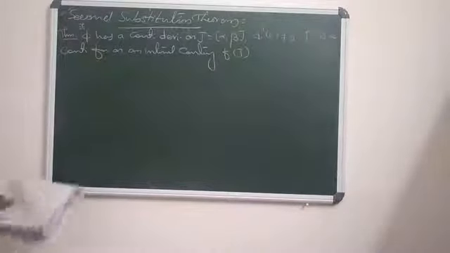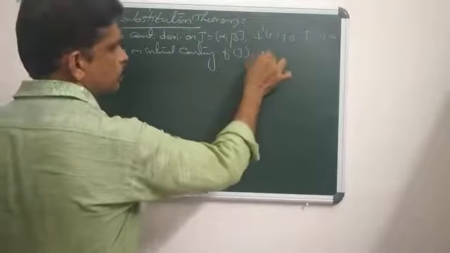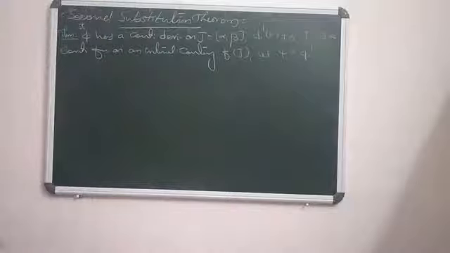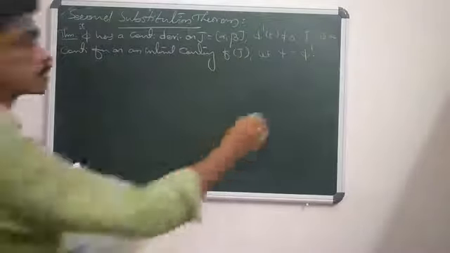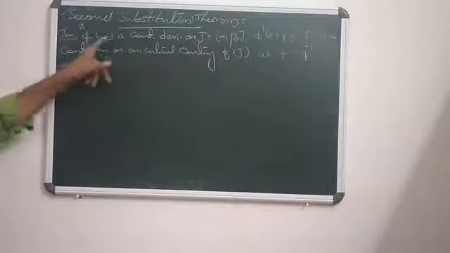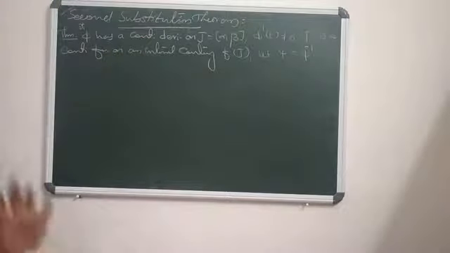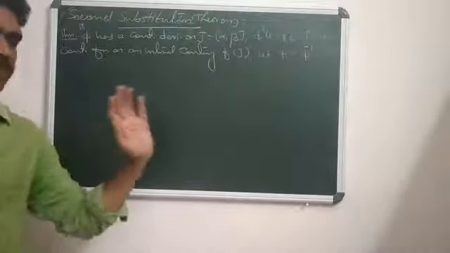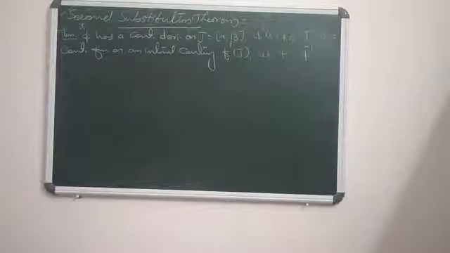Let psi equal phi inverse, the inverse of the phi function. Phi has a continuous derivative. Phi is continuous and its derivative exists, so phi inverse also exists there. Thus, let psi equal phi inverse.